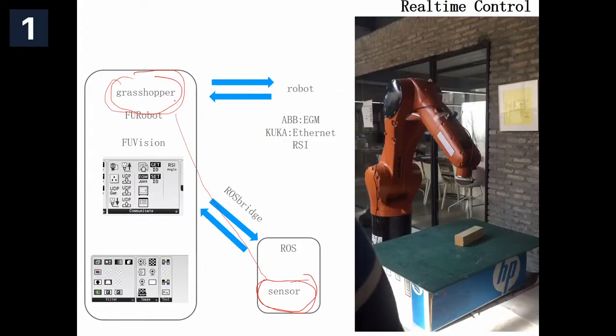So in Grasshopper, in every robot, we read the image from the camera and analyze this image, and we get the position of the wood brick, and later in every robot we send the command to the robot.